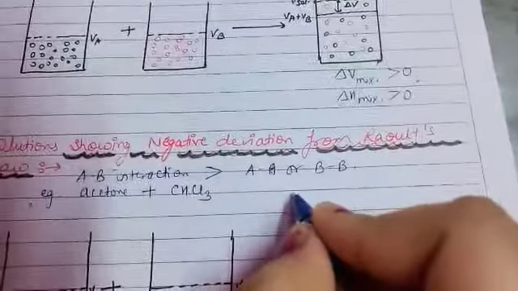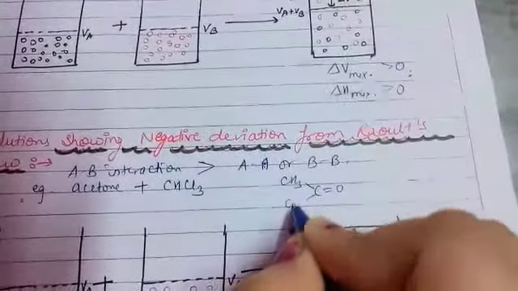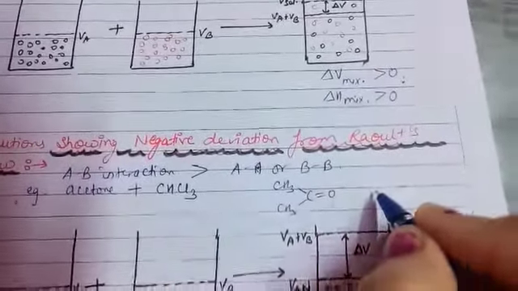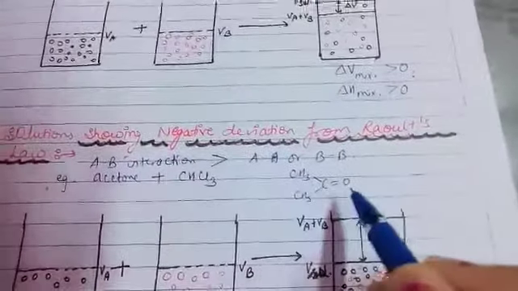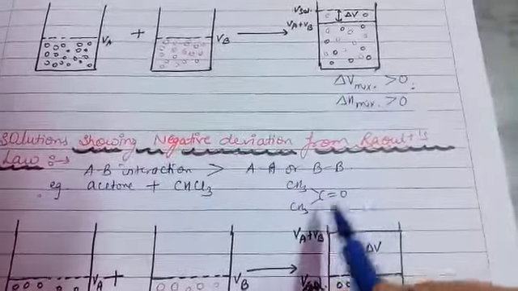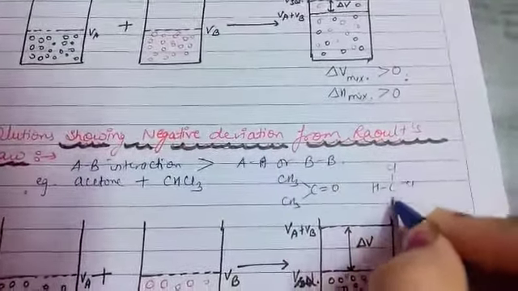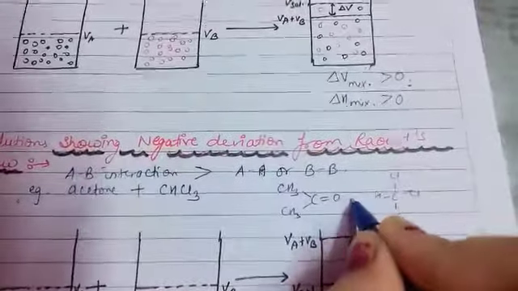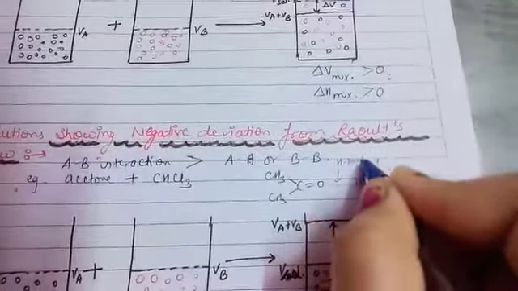So you know acetone's formula is CH3COCH3. Now normally acetone is a volatile liquid, its force of attraction is weak, but when you add chloroform to it, this one is partial positive, this one is partial negative, so they combine together with the help of a hydrogen bond.